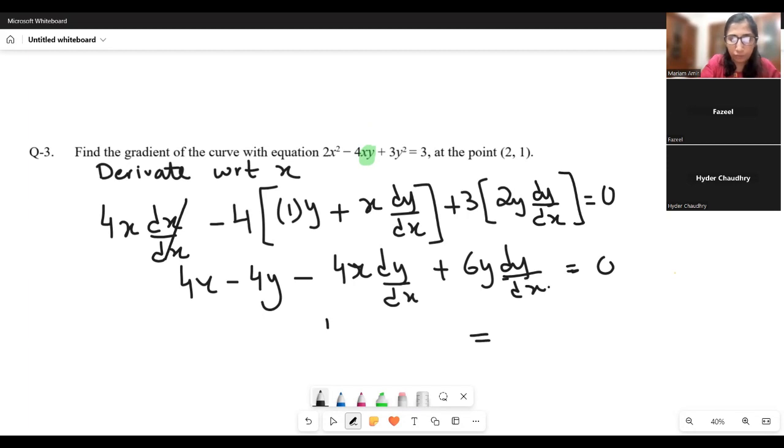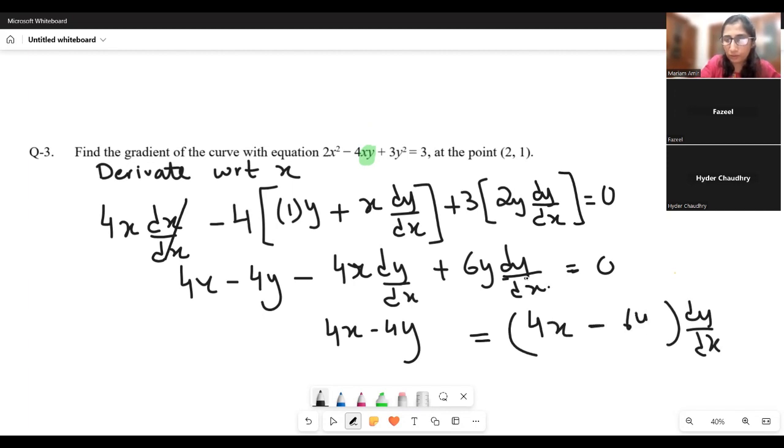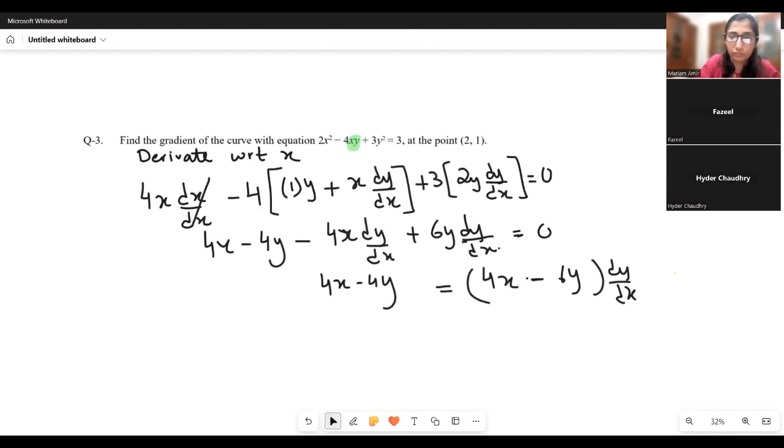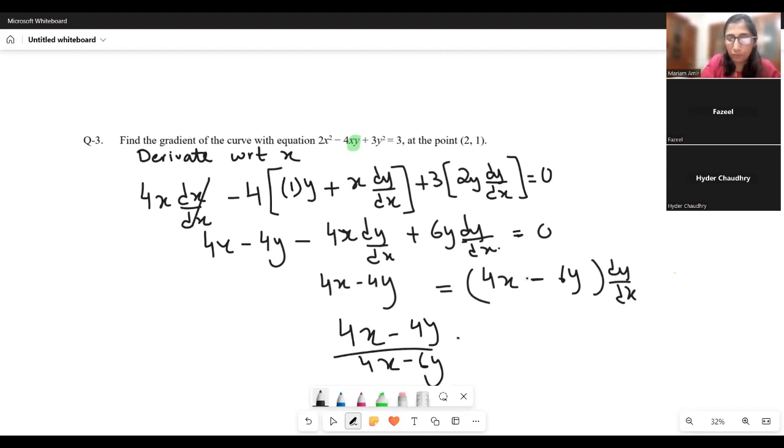Let's keep 4x minus 4y here and send the dy over dx terms to the right and also take dy over dx common. So we get 4x minus 6y. So we have 4x minus 4y upon 4x minus 6y, which is dy over dx.